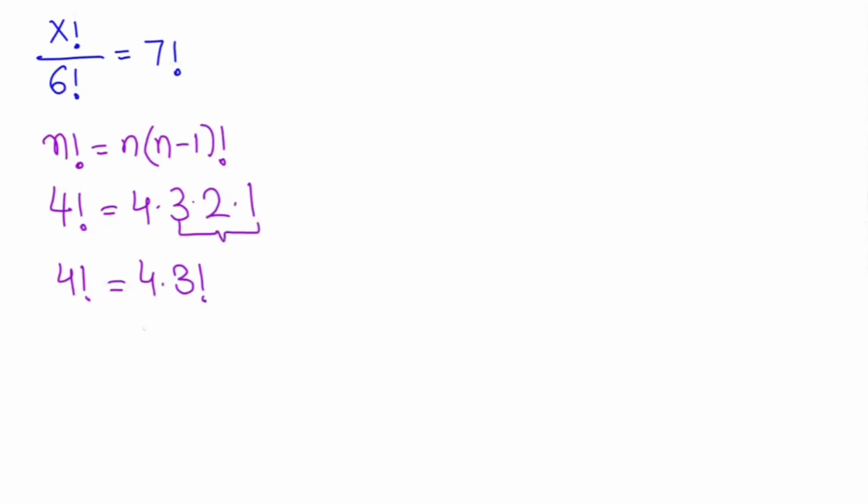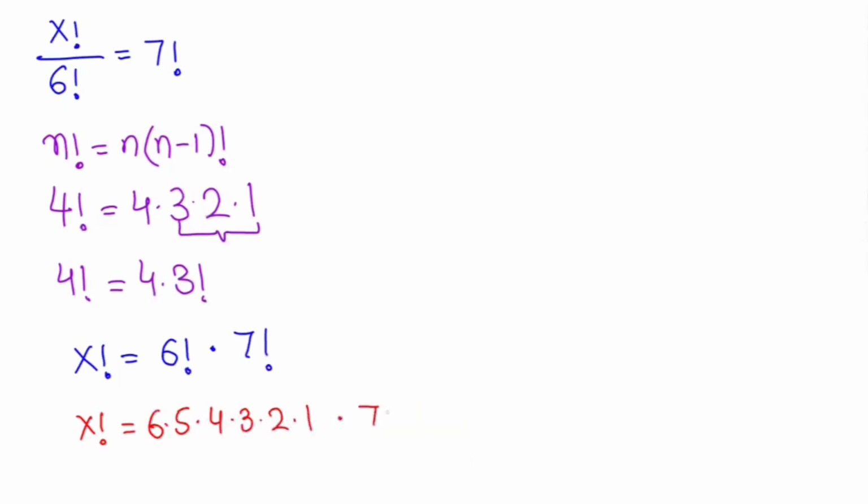Before that, I am going to rearrange the expression for x factorial. Now I will write the factorial of 6 and 7. X factorial is equal to 6 times 5 times 4 times 3 times 2 times 1 times, now the 7 factorial, 7 times 6 times 5 times 4 times 3 times 2 times 1.